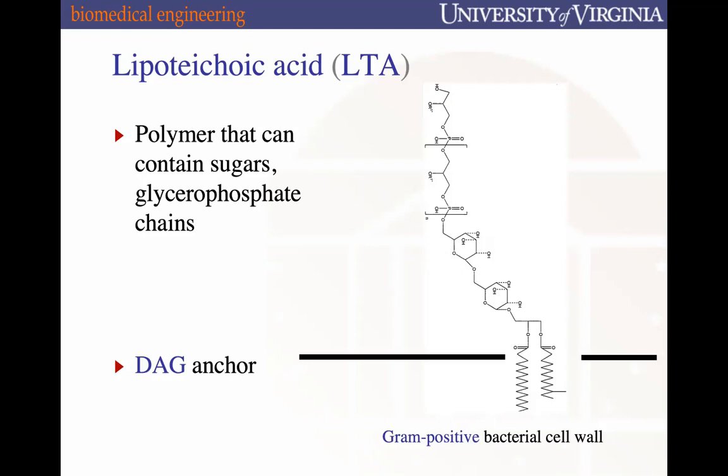And so this is the ligand, LTA, lipoteichoic acid, is a ligand for TLR2. And so we have different receptors, toll-like receptors, or TLRs, that bind to gram negative versus gram positive.